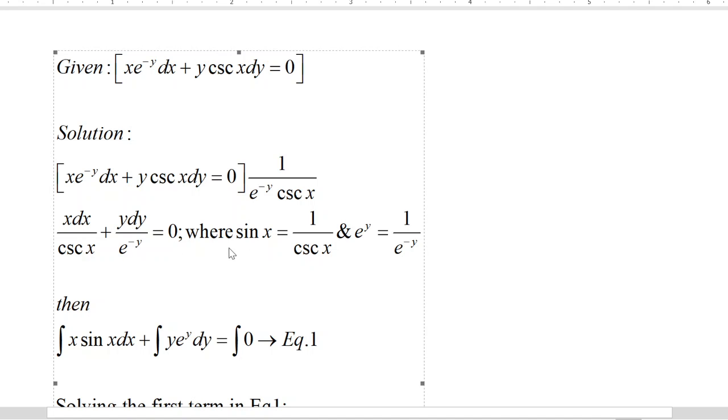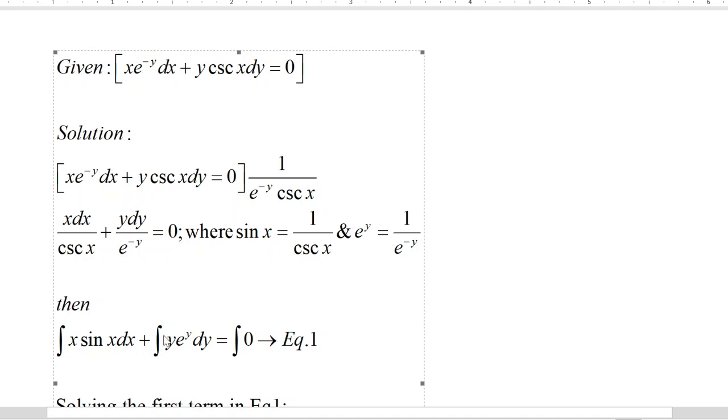But let us take note that sin x is equal to 1 over cosecant x, and e raised to positive y is equal to 1 over e raised to negative y. This is trigonometry, this is algebra, from pre-calc. Then x sin x dx plus y e^y dy is equal to 0.